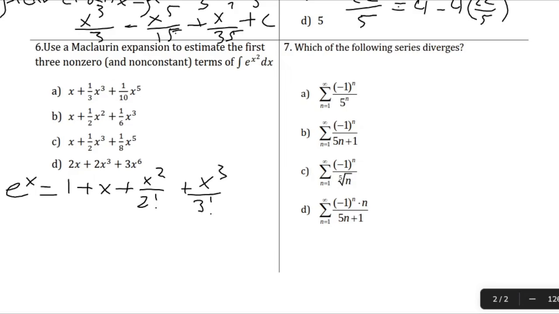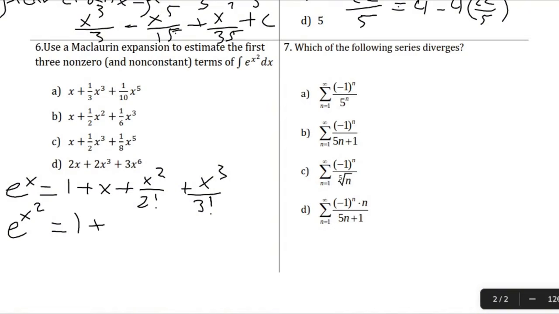So then we need to do e to the x squared, and to modify this, we need to plug in x squared for all of the x's, meaning that we're not multiplying by x squared, we're actually substituting all of the x's in. So then this 1 does not become x squared, it just stays as 1.